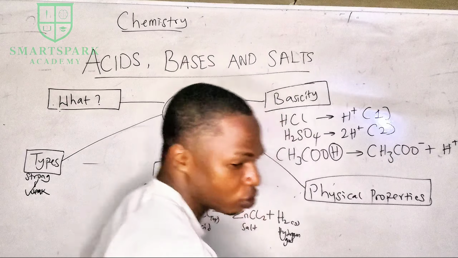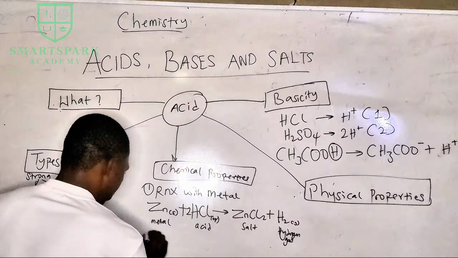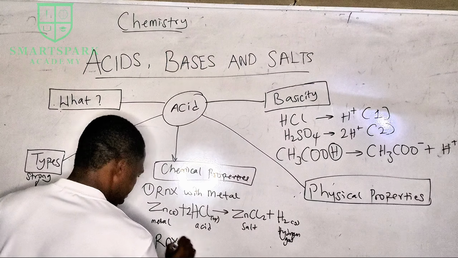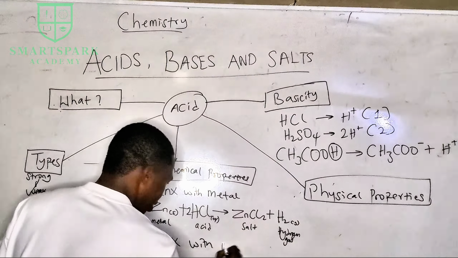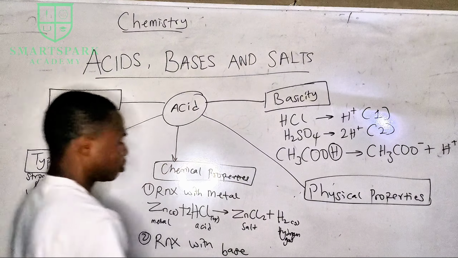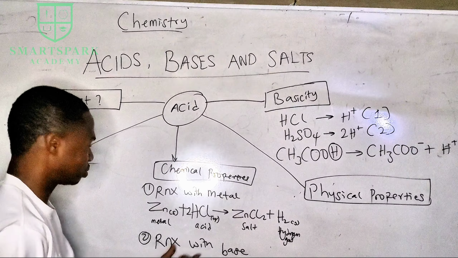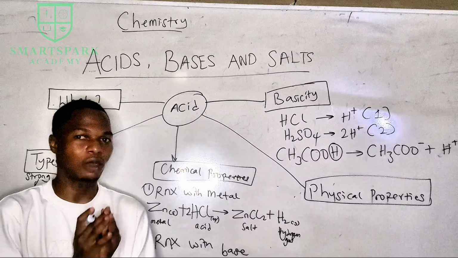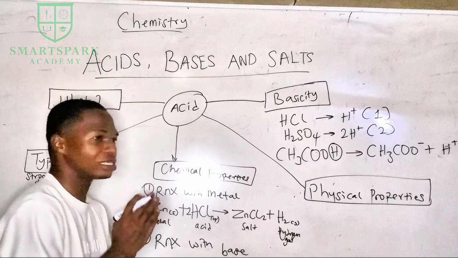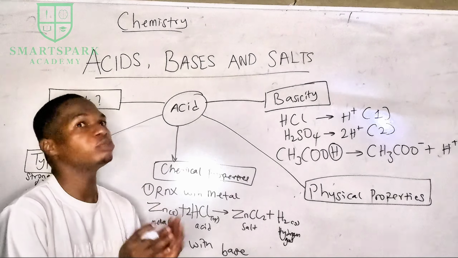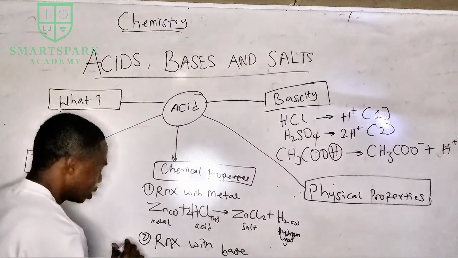That is it. And the next one will be reaction of acid with a base. This is a very famous reaction. When an acid reacts with a base, it forms salt and water only. That's one of the simplest reactions in chemistry.